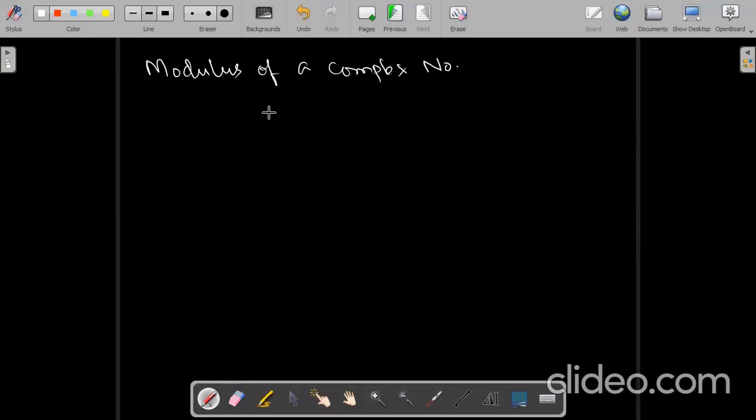So the modulus is actually a non-negative real number.